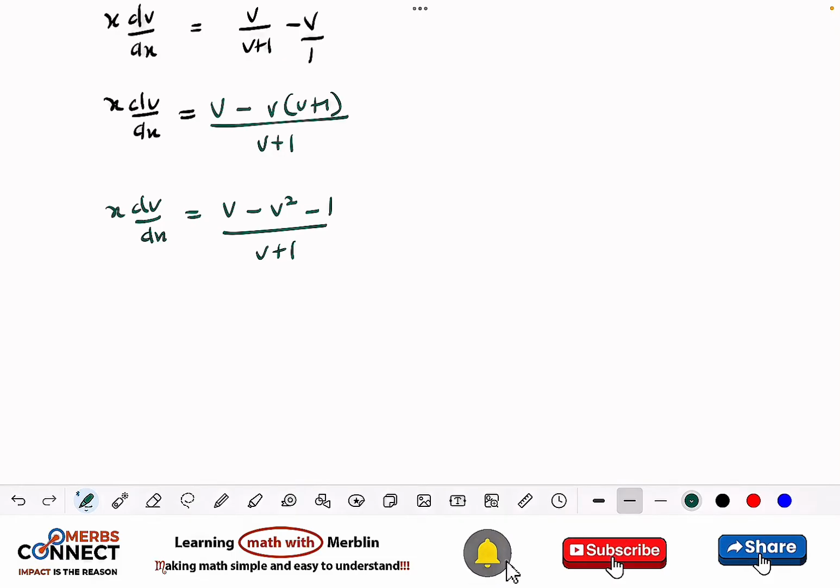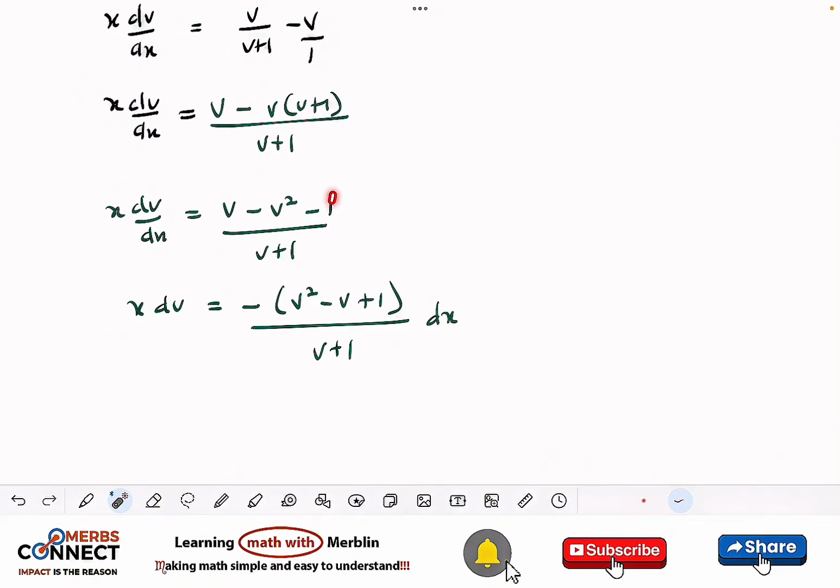We group items like x with the x and Vn with the Vn. So x dVn is equal to, the top can be written as minus out. I bring minus out, so Vn squared, right, minus Vn plus 1 divided by Vn plus 1 dx.